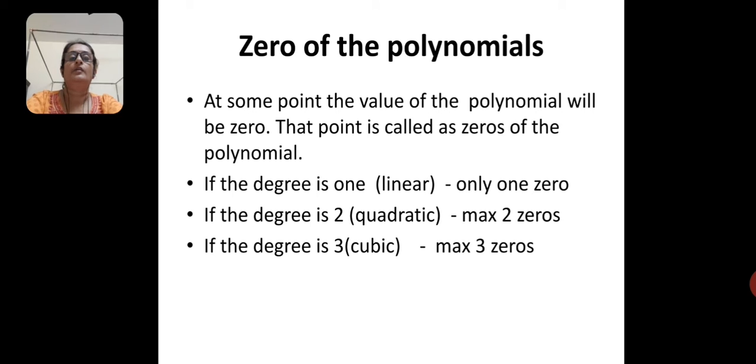If you take a linear polynomial, there will be only one zero for that polynomial. If you take a quadratic polynomial, there may be 2, so a maximum of 2 zeros. If the polynomial is cubic, you will get a maximum of 3 zeros. It may be 1, it may be 2 or 3, not more than 3. Fine.